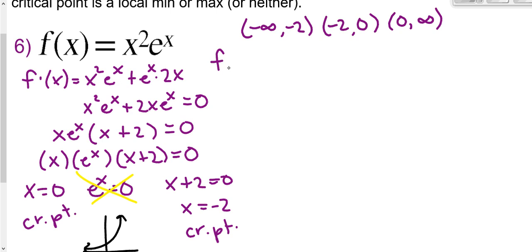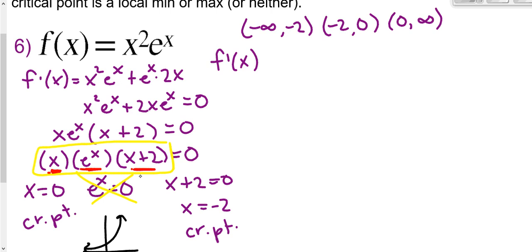And now we want to pick a number in each interval and test it into the derivative and see if we get a positive or a negative. The place I would test it is into the factored form. So let's pick a number between negative infinity and negative 2. Suppose we pick negative 3. So we're going to get a negative times a positive times a negative.